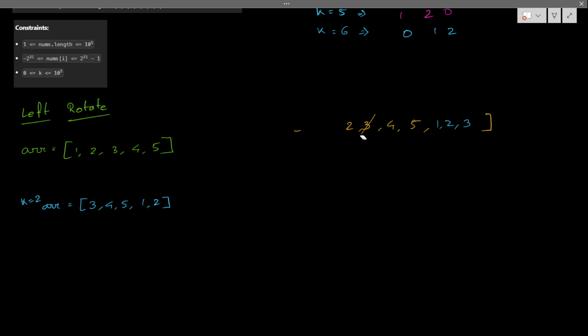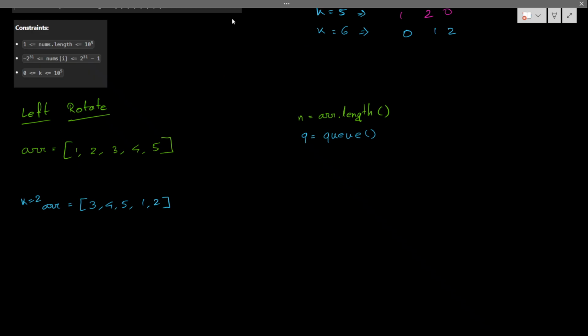So let's try to find a pseudocode for it. First of all, I need the length of my array, so n equals arr.length as always. Then, as I told you, I need a queue, so I am initializing a queue. If there is a queue data structure, use it, or you can implement the queue yourself.